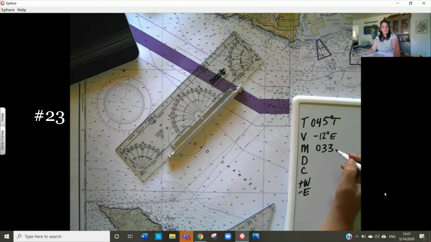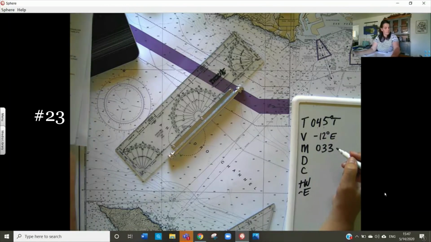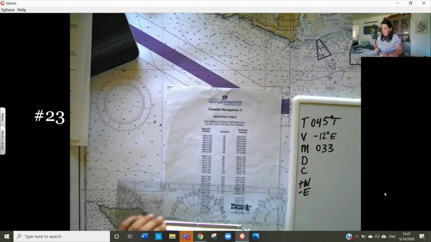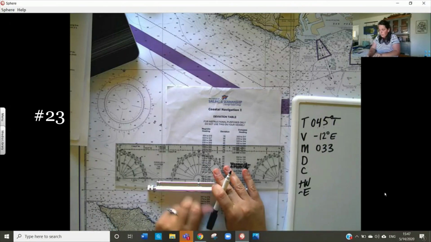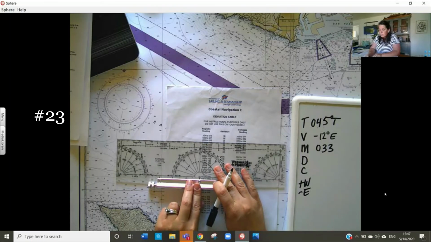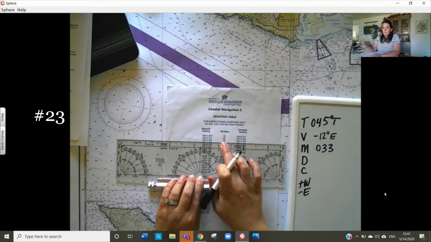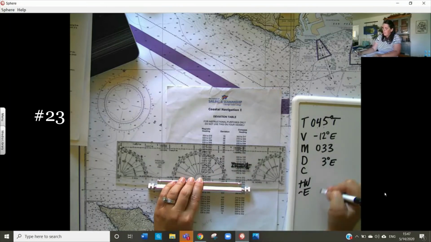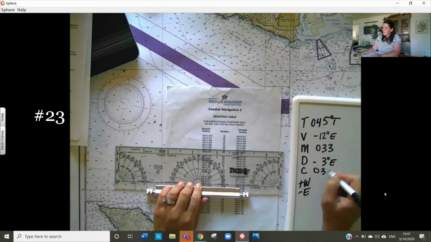Deviation I get from my deviation table, and I had a magnetic of 033, so I would get a deviation of 3 east, and that's east, so I'd be subtracting it again, and I get a compass of 030 PSC.